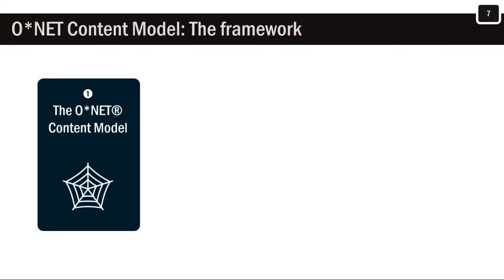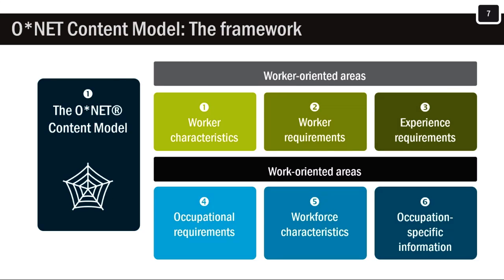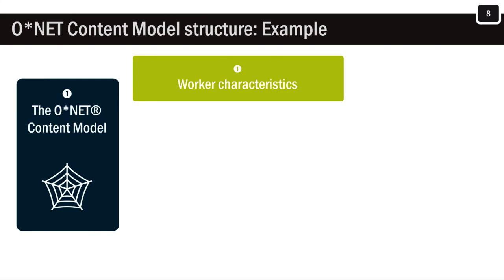It groups them into 6 areas: 3 worker-oriented areas, and 3 work-oriented areas. So worker-oriented areas are worker characteristics, worker requirements, and experience requirements. And work-oriented areas are occupational requirements, workforce characteristics, and occupation-specific information. For each of these 6 areas, the ONET content model provides an exhaustive list of categories and subcategories.